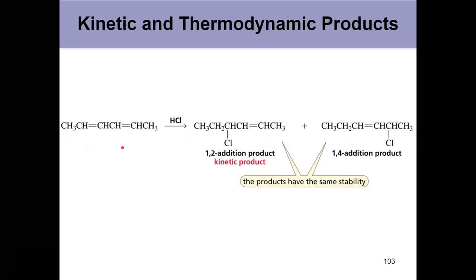How about another example over here, with a conjugated diene and hexadiene? Well, I take that plus HCl. I know 1,2 is going to be my kinetic product, but how about a thermodynamic product? Well, in this case, I have an alkene with 2 alkyl groups.